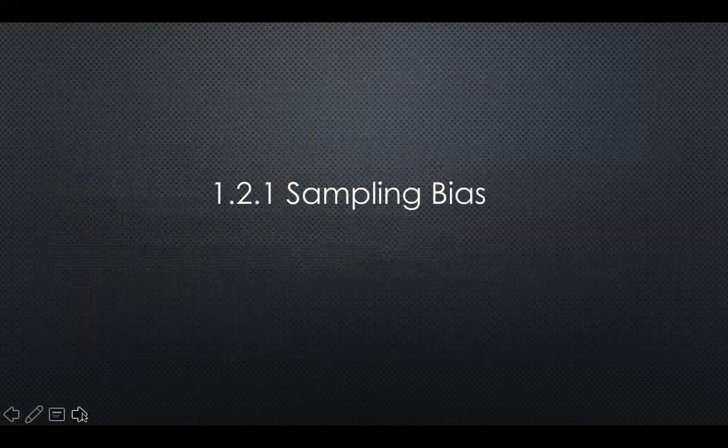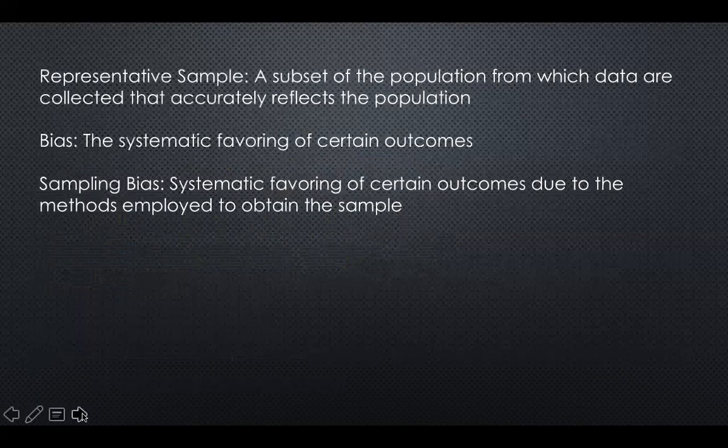So next is sampling bias. A representative sample is what we hope for, a subset of the population from which data are collected that accurately reflects the population. In cases that aren't representative or can lead to unrepresentative samples, there's bias present.